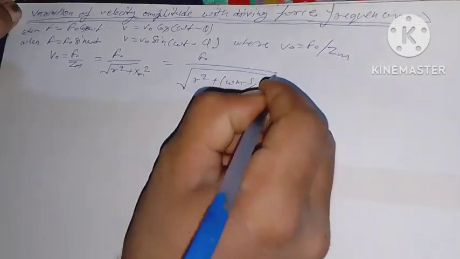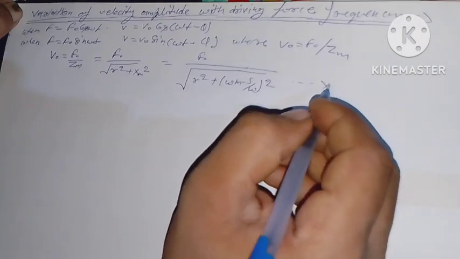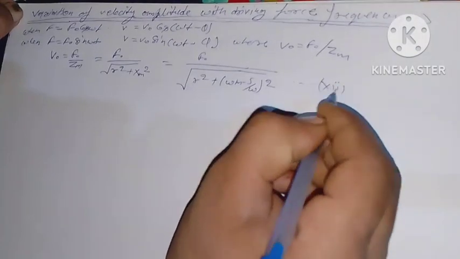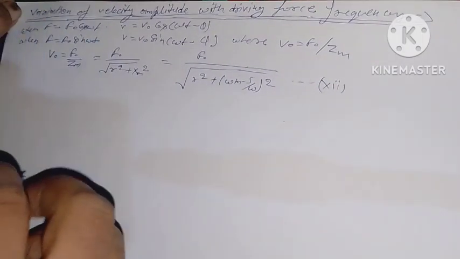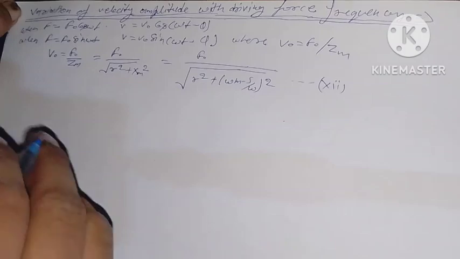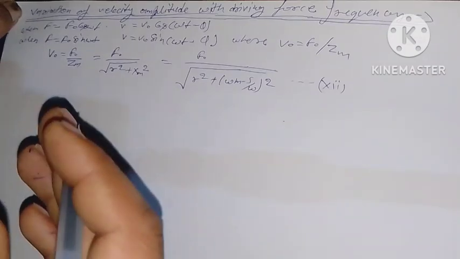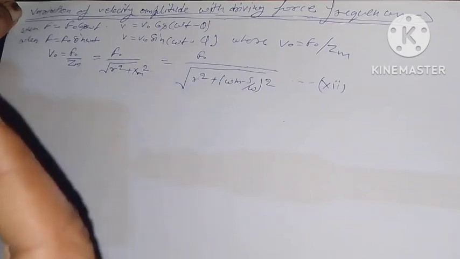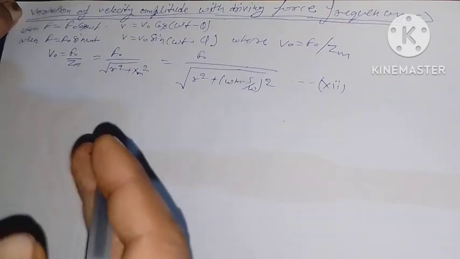This is equation number 12. We shall discuss the behavior of velocity amplitude versus driving force frequency in three stages: low frequency, high frequency, and resonant frequency.